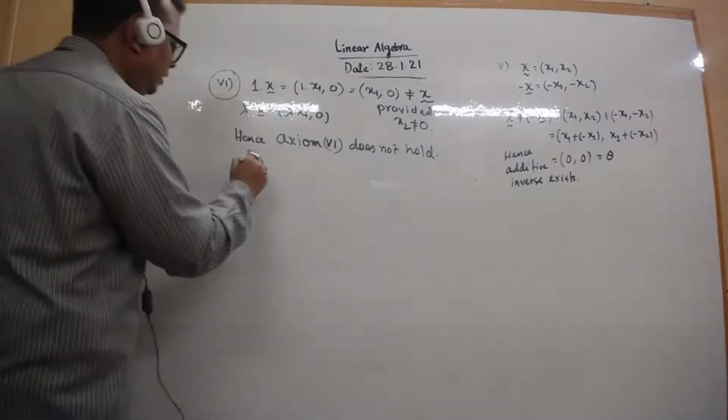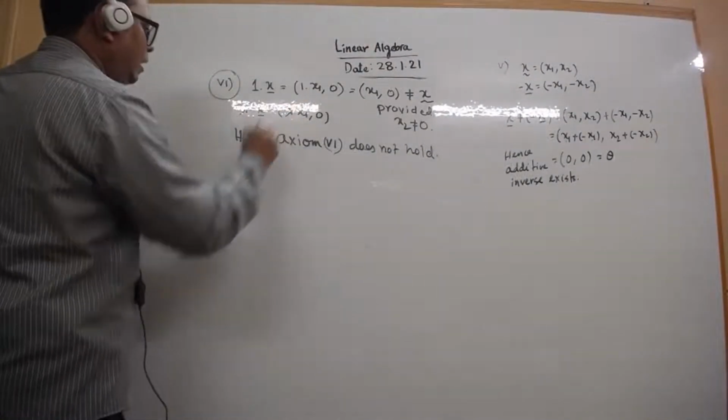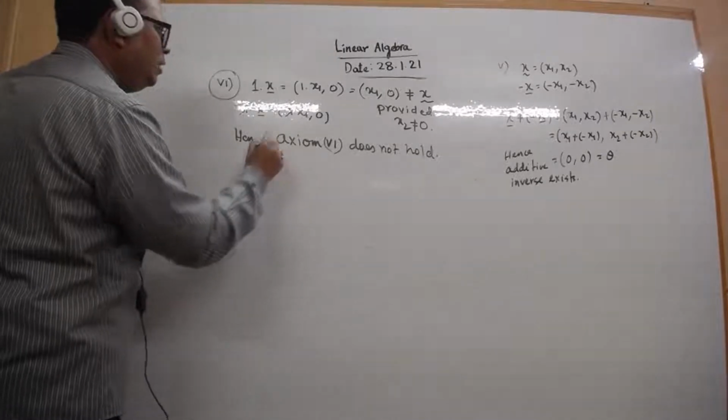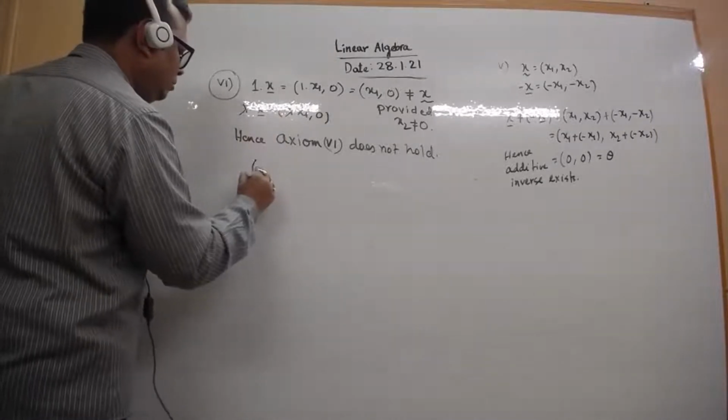So this is the problem if you define scalar multiplication as follows.